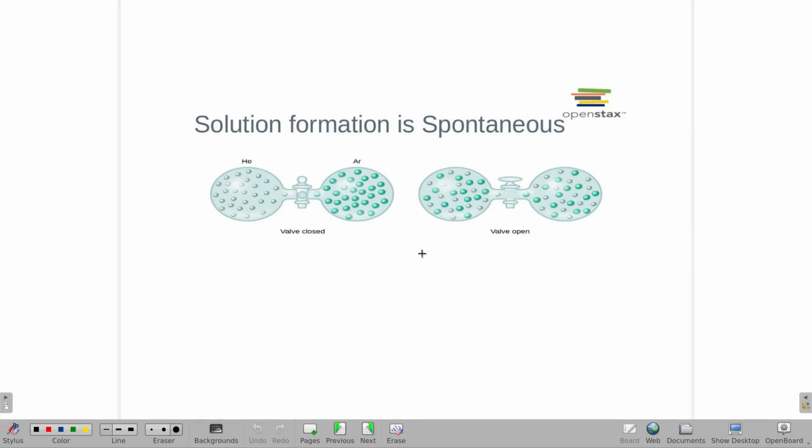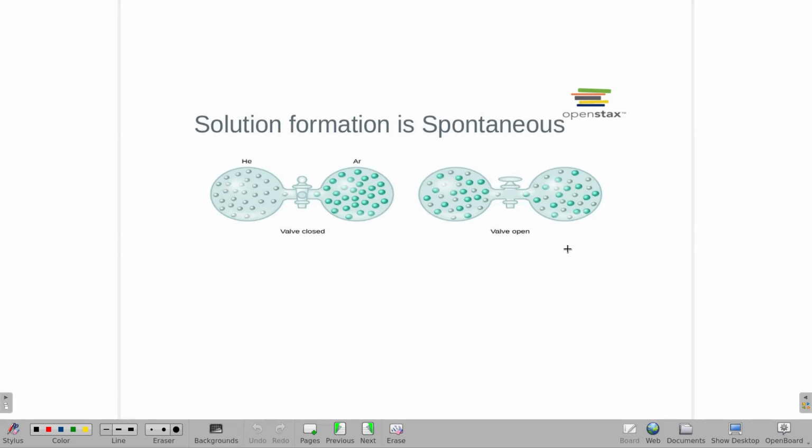One side might move faster than the other at first, but eventually it'd be about 50-50 on both sides. There's nothing we can do to stop that, and there's nothing we can do to undo it by just flipping this valve. If we go back to closing the valve, it won't somehow separate the helium and argon. Once they've mixed, they're going to stay mixed.